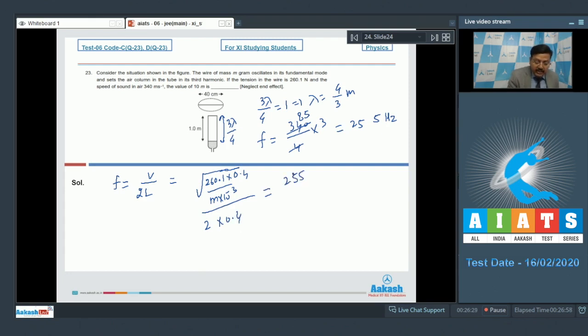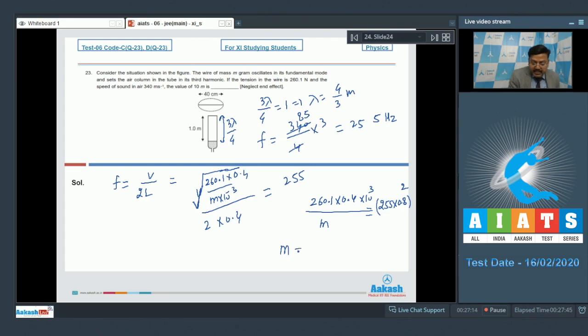and this frequency we have found is 255 Hertz. So now squaring both sides we can find the value of m, and if we square both sides what we have is this. Of course this radical sign covers this whole expression. So what we have now is 260.1 into 0.4 into 10 to the power 3 divided by m, in fact is equal to 255 into 0.8, and we have to square this.